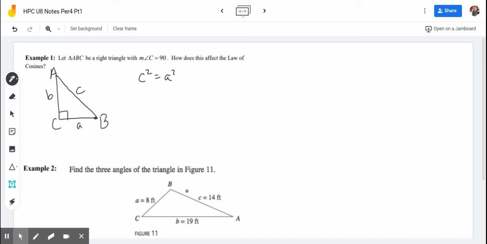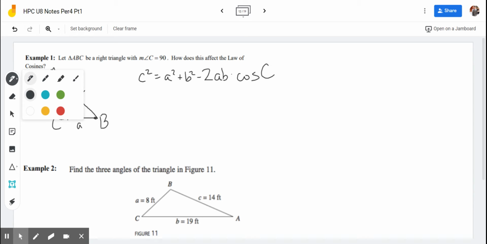So we have a squared plus b squared minus 2ab times cosine of c.